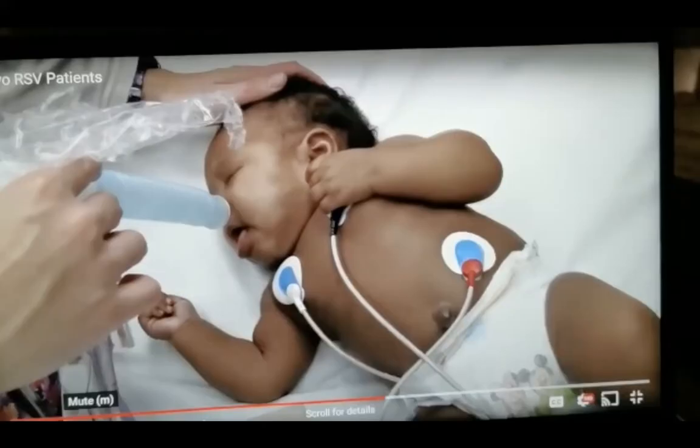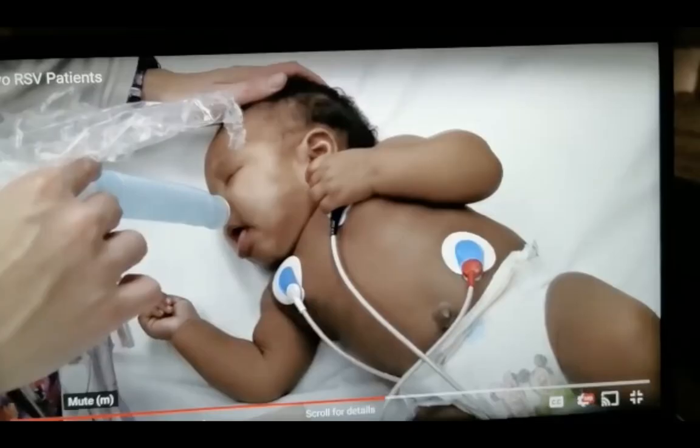In the history, I will ask about the onset, duration, and progression, when the condition started, how long it has been, and how it is progressing. Then any history of fever, and I would like to take the feeding history and vomiting, not taking any feeds, and any blue around the lips, that is cyanosis, and any apnea.